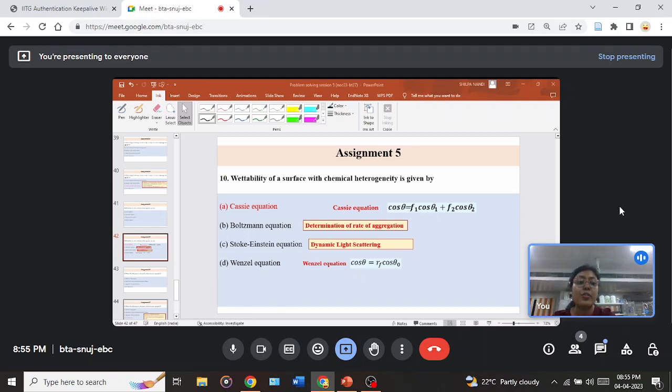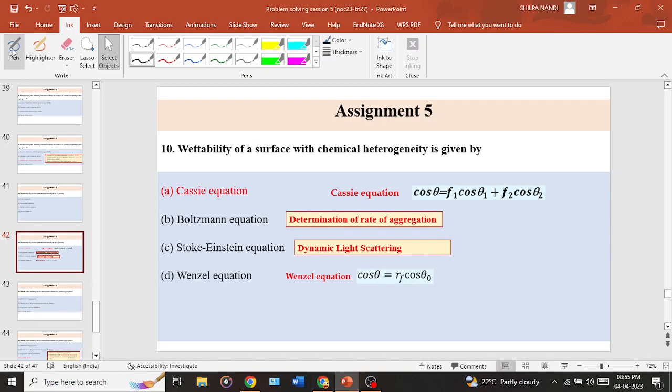If you get any question wherein you are asked that the wettability of a surface with physical heterogeneity is given by, so physical heterogeneity is given by this Rf, that is roughness factor. In that case you have to answer the Wenzel equation. So in that instance the Wenzel equation will be the correct option, right? I may just write it here.